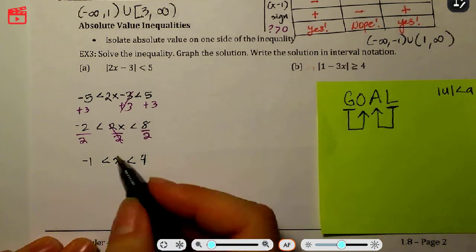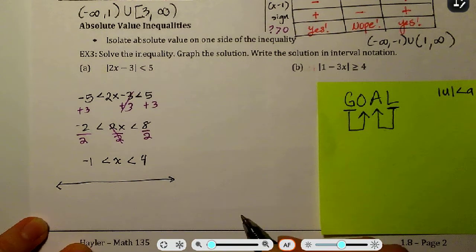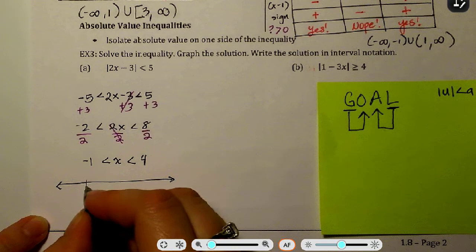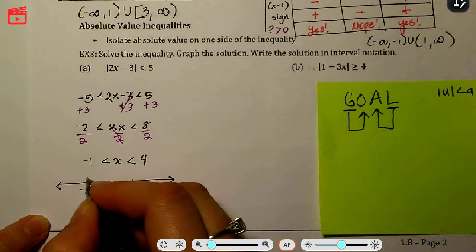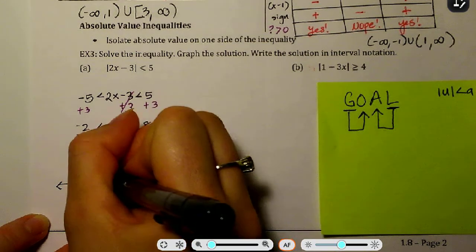All right, let's go ahead and graph the solution. Our boundaries are -1 and 4. We're not including them, and our answer is in the middle.